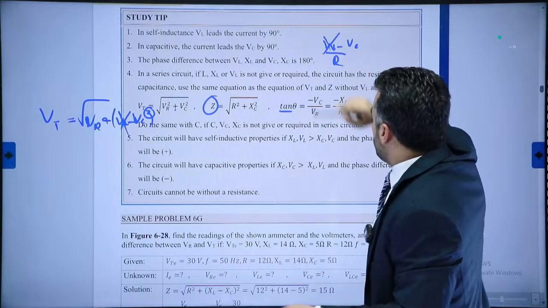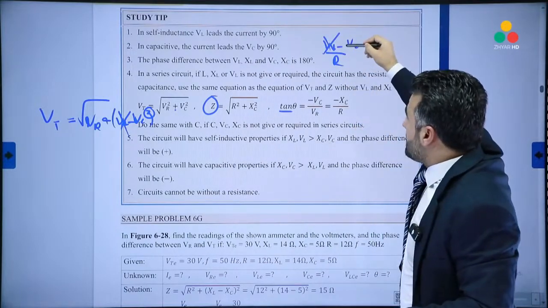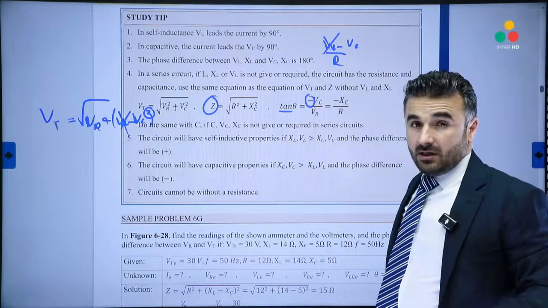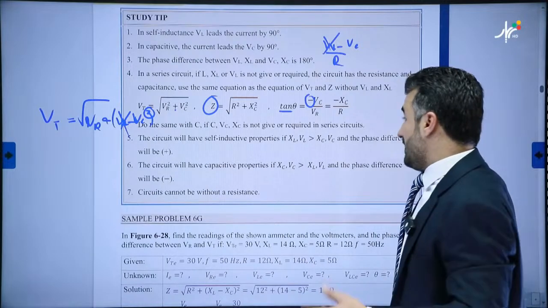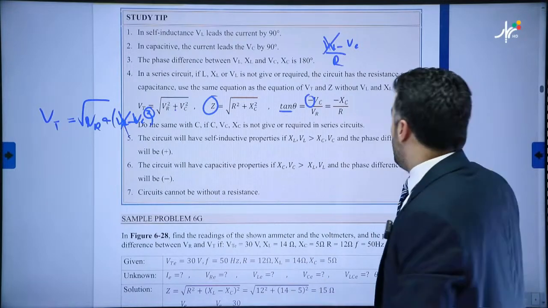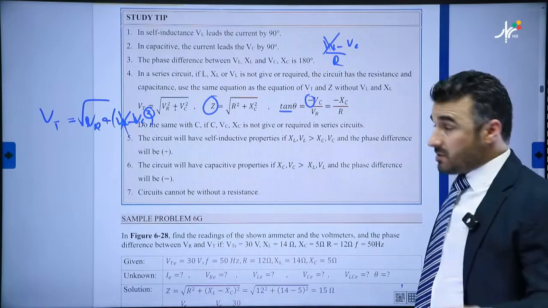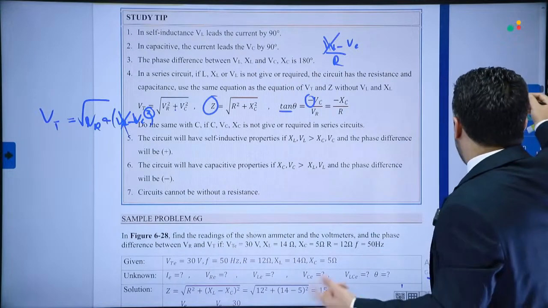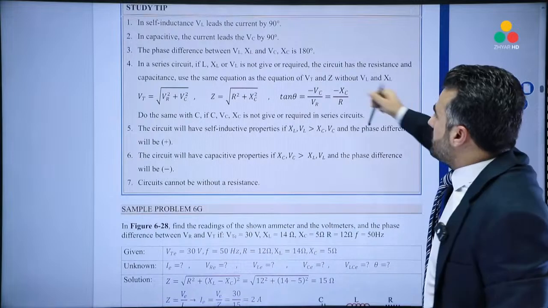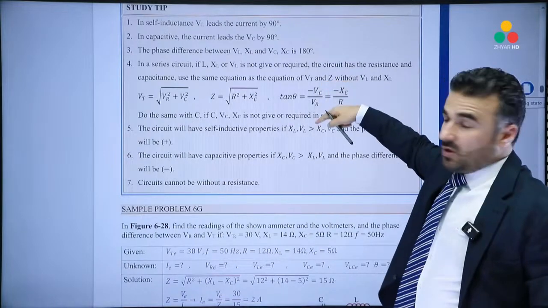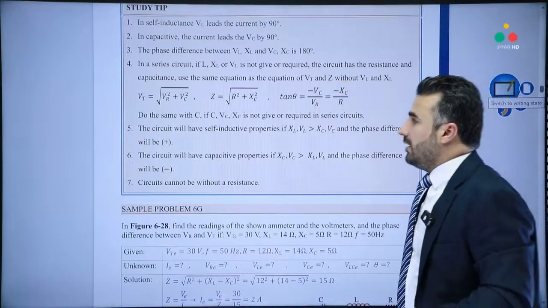So if you're taking away this one, then of course we are left with this negative, which is crucial for the values. Otherwise you might get a positive value, which makes your answer incorrect. Your calculation too, actually. Okay, so we'll either go with VC over VR or XC over the resistance here.